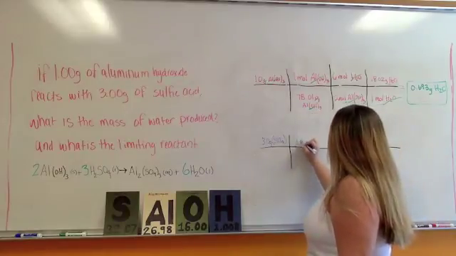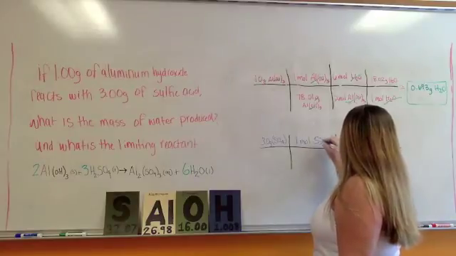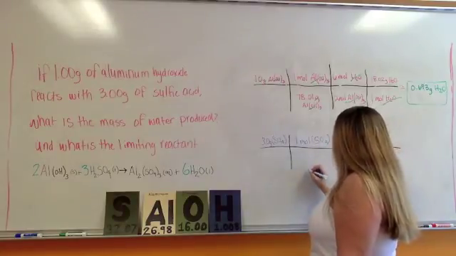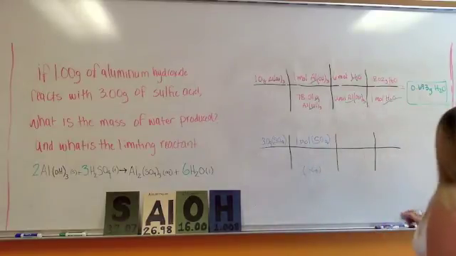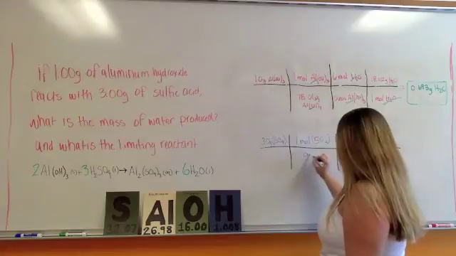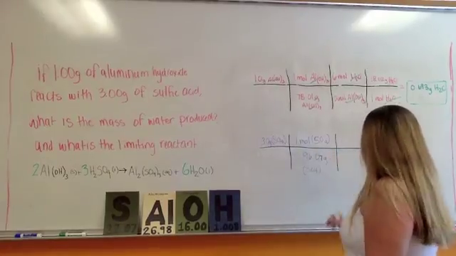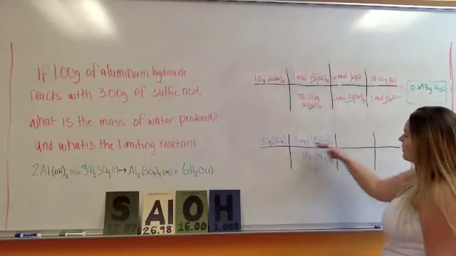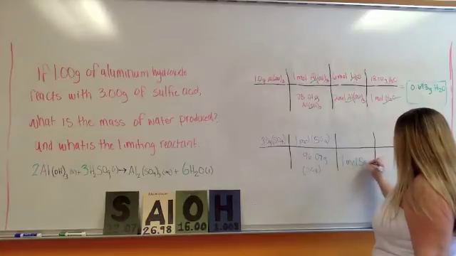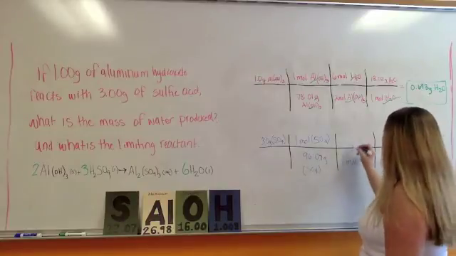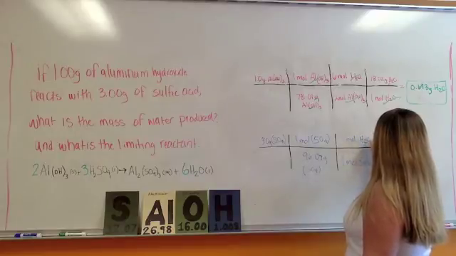So we're going to have 1 mole of SO4, and then the molar mass of SO4 is going to be 96.077 grams. And then we need to get rid of our mole, so 1 mole SO4, and then again we're going to do moles of water.